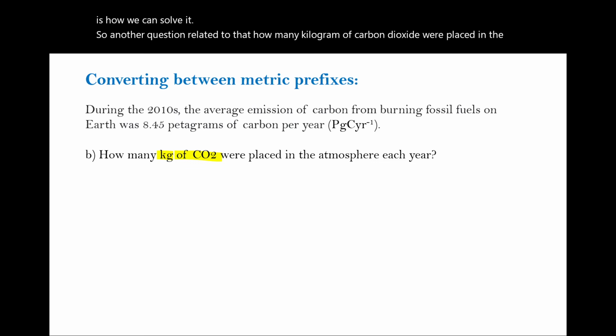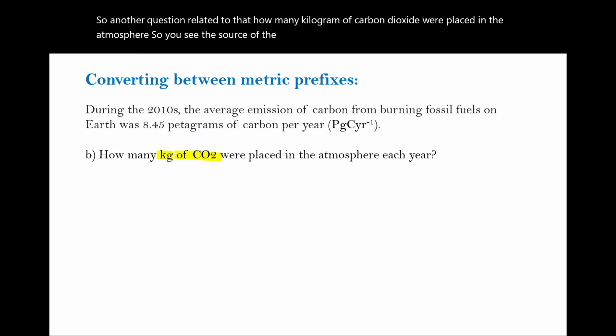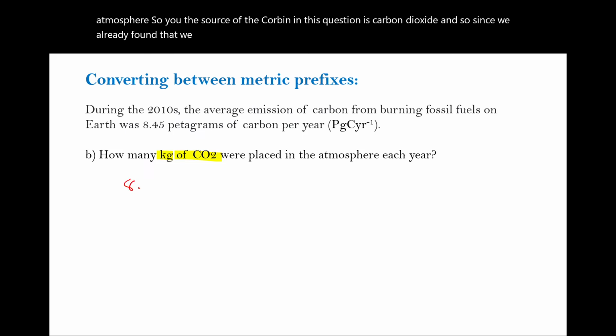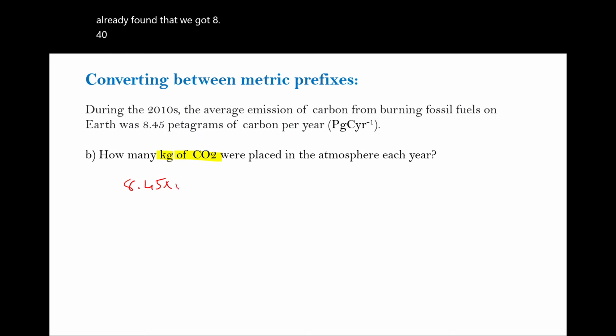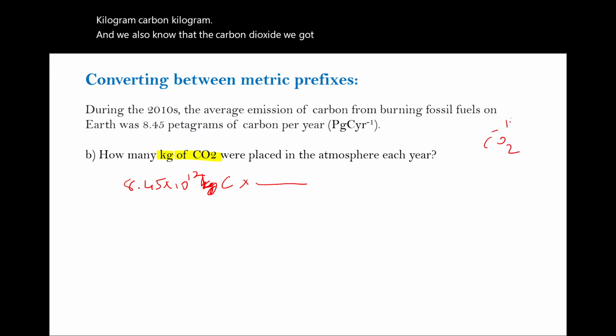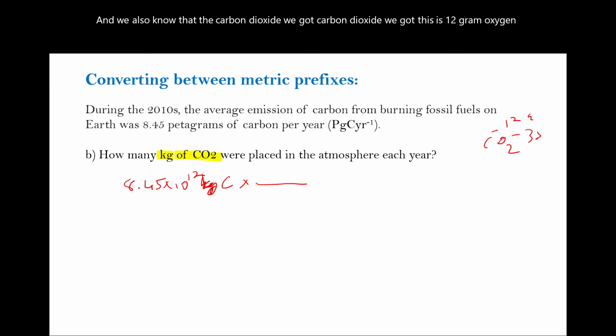So you see, the source of the carbon in this question is carbon dioxide, and since we already found that we got 8.45 times 10 to the 12 kilograms carbon, and we also know that for carbon dioxide, this is 12 grams, oxygen 16, that's 32 grams, total is 44.0 grams per mole.